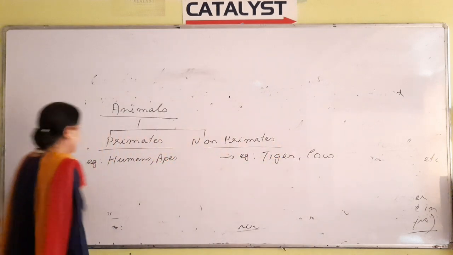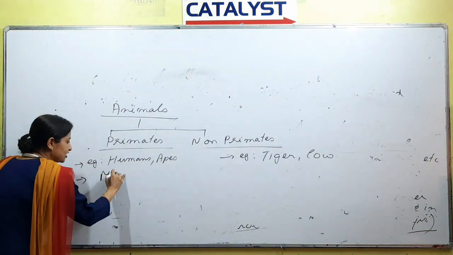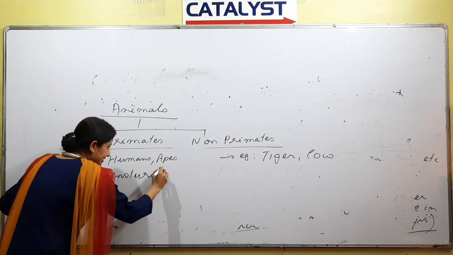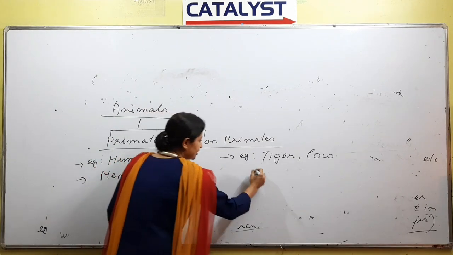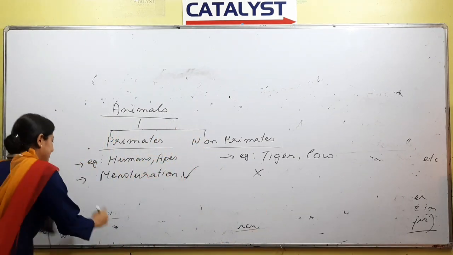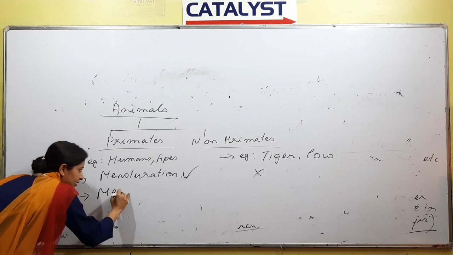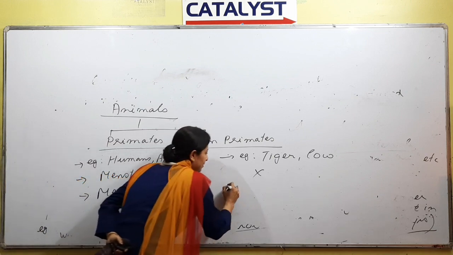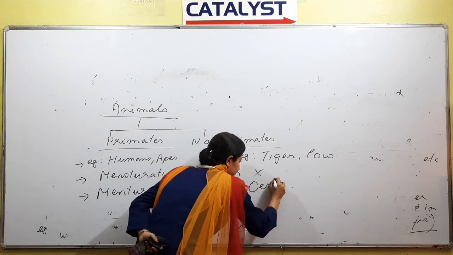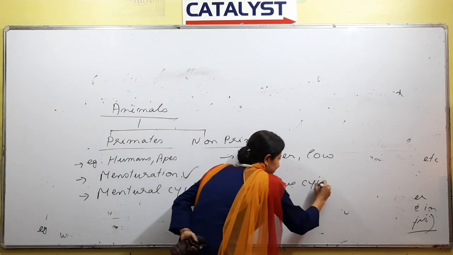Next point about primates, what we know? The menstruation takes place, right? And in non-primates, menstruation does not take place. Next, we can see the menstrual cycle in primates. And in non-primates what do we see? The oestrous cycle, right?